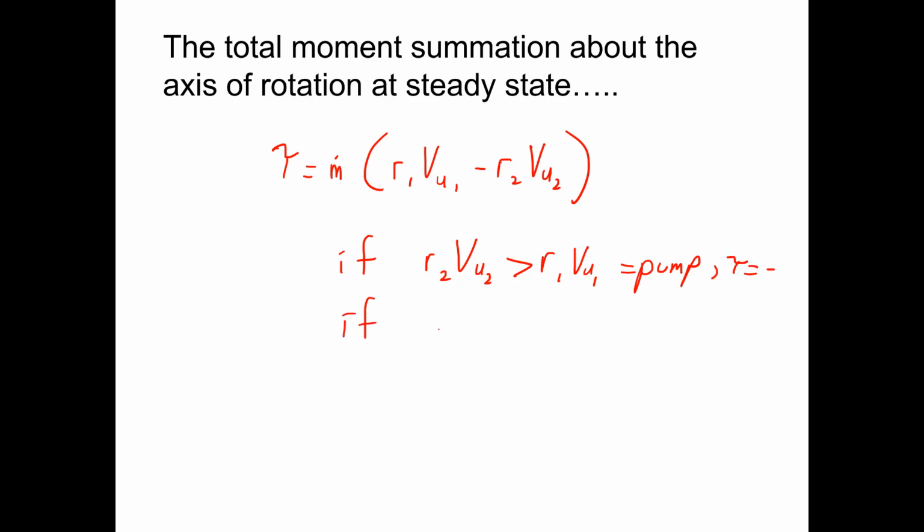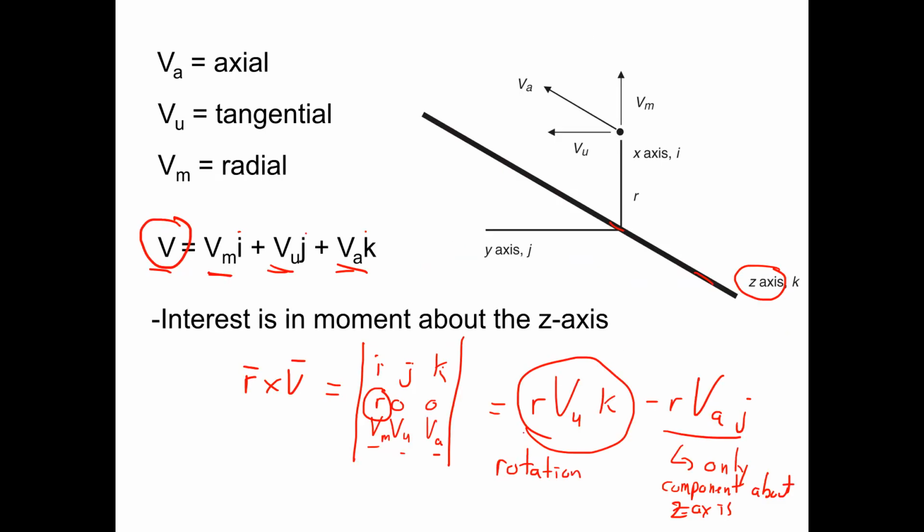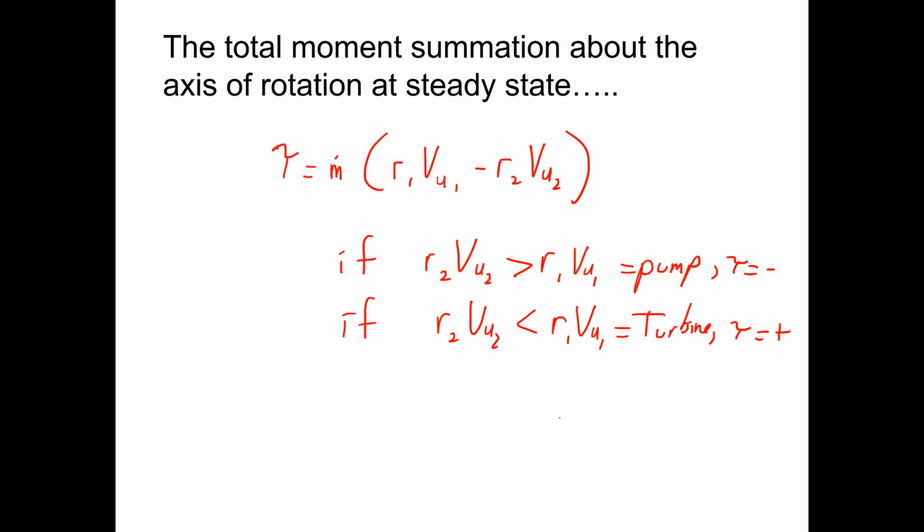But if it's the opposite, where the rotation of the exiting fluid, that moment, is less than the entering, now we're extracting energy from the fluid, and we end up with a turbine. So again, that's basically looking at the rotation caused by the fluid entering or exiting.